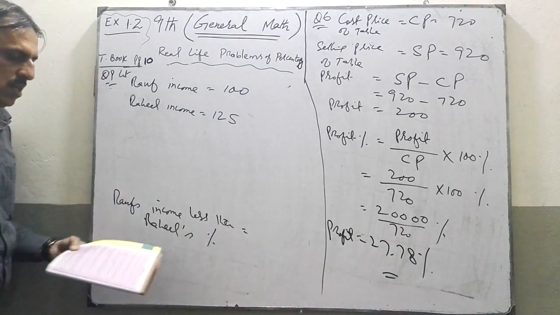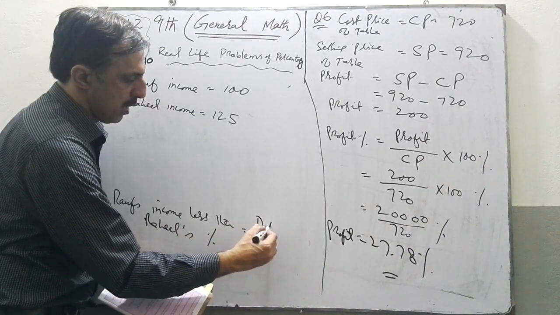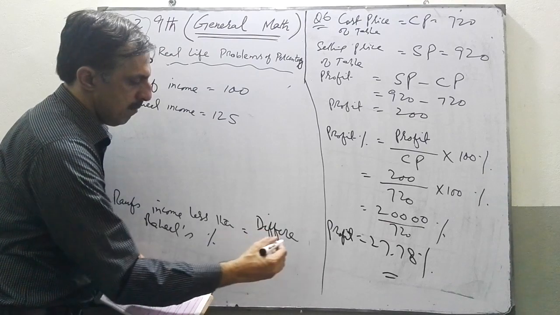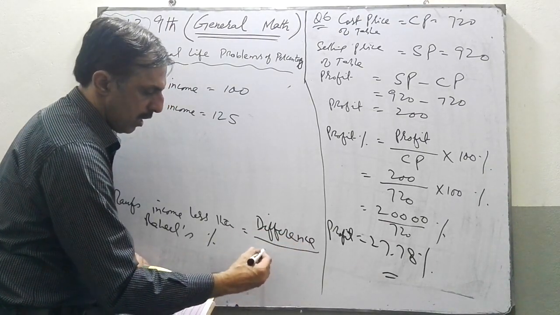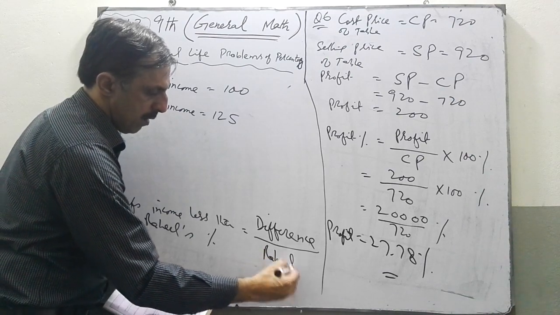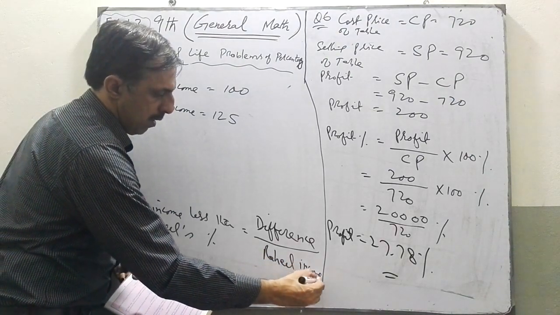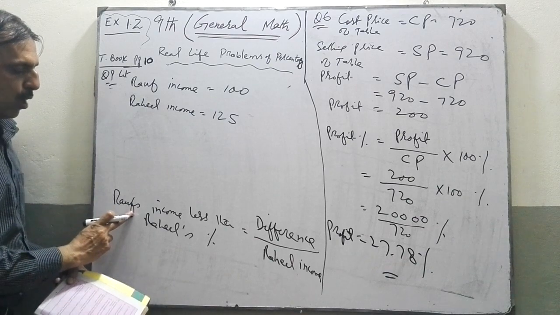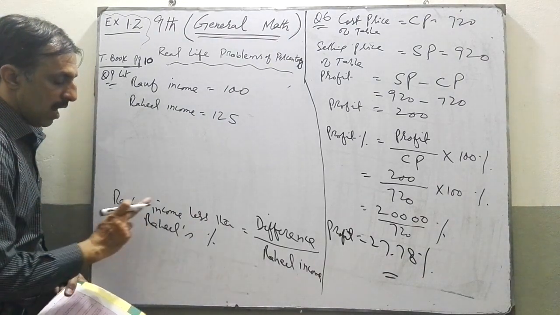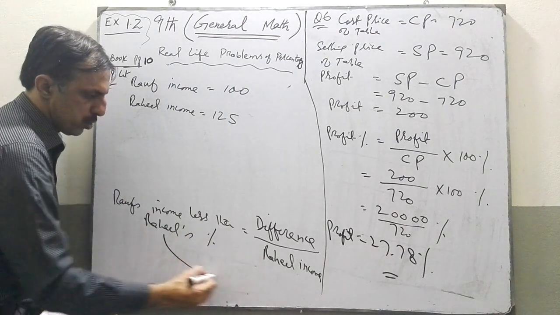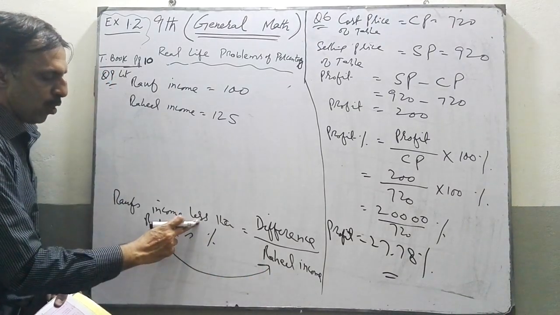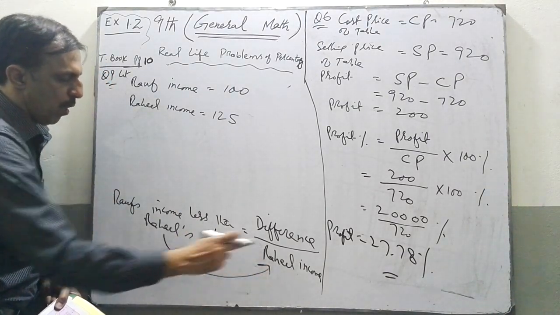The formula is the difference between their incomes divided by Raheel's income, because our question is that Rauf's income is less than Raheel's income. That's why we use Raheel's income there. If we were to find more income, then we would use Rauf's income there.